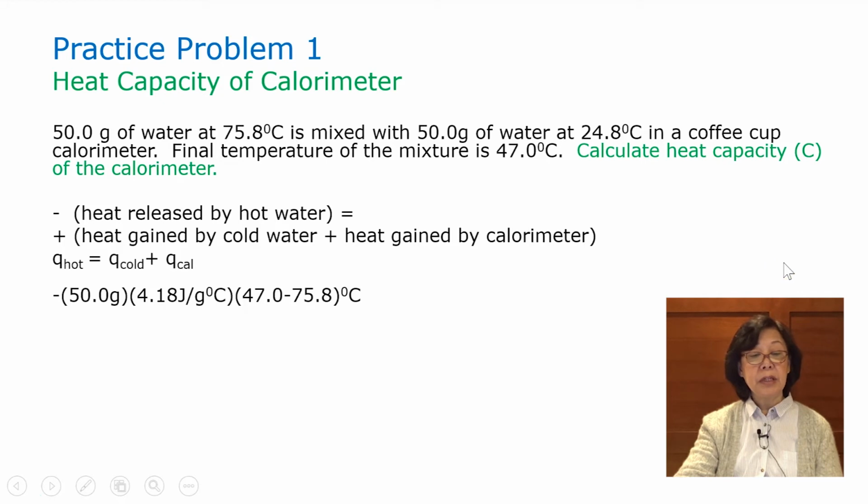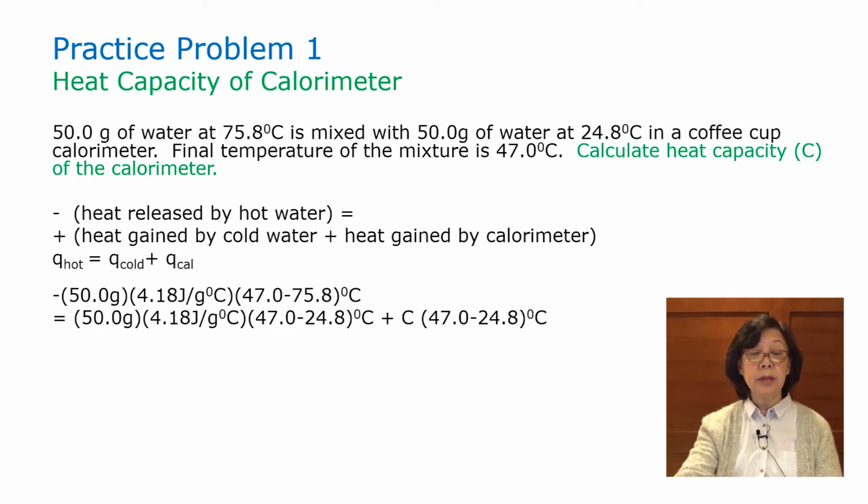To calculate the heat released by the hot water, we have negative 50 grams times the specific heat of water, 4.18, times final temperature 47 minus initial 75.8 degrees C. This is equal to the heat gained by the cold water, 50 grams times 4.18 specific heat times final temperature 47 minus initial 24.8, plus the heat gained by the calorimeter, which is equal to C times the same temperature change, C being the heat capacity of the calorimeter. Solving the problem, the heat capacity of this calorimeter is 62.1 joules per degree C.